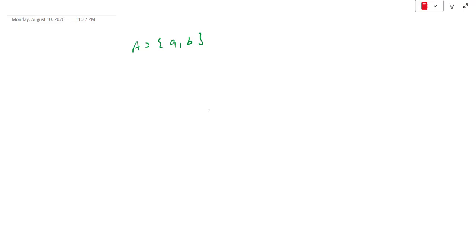Here we know that cardinality of A is 2, because the number of elements in the set is 2. We know that the subsets are phi, singleton {a}, singleton {b}, and {a, b}.